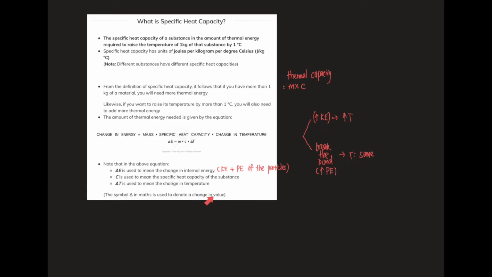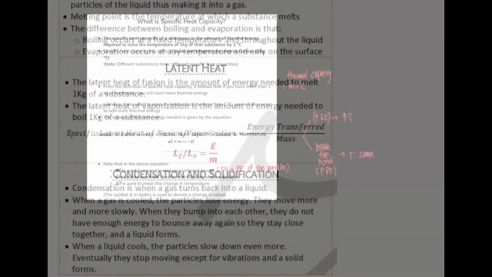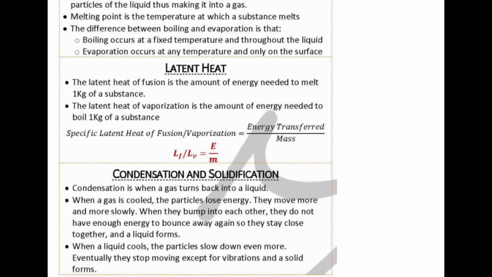So we have two formulas so far. We have done the 2 pages here involving formula. Just now we have done thermal capacity and specific heat capacity. Now let's continue with latent heat.